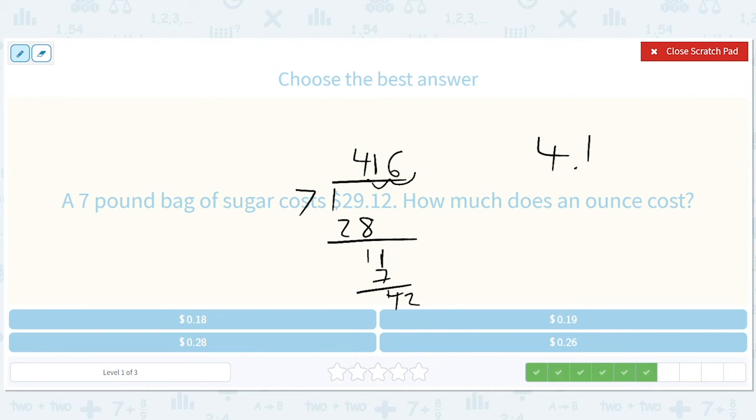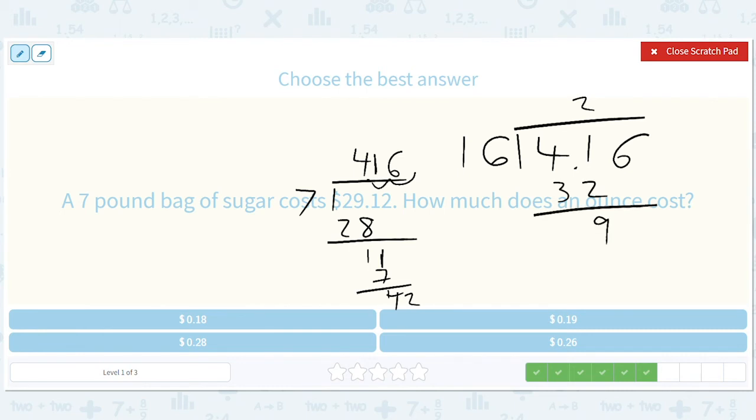Now we have to do another step because that's just the price per pound. We want the price per ounce. So I divide it by 16. I get 2, 32. This gives me a 9. This gives me a 6 over here. So I end up with 26 cents per ounce.